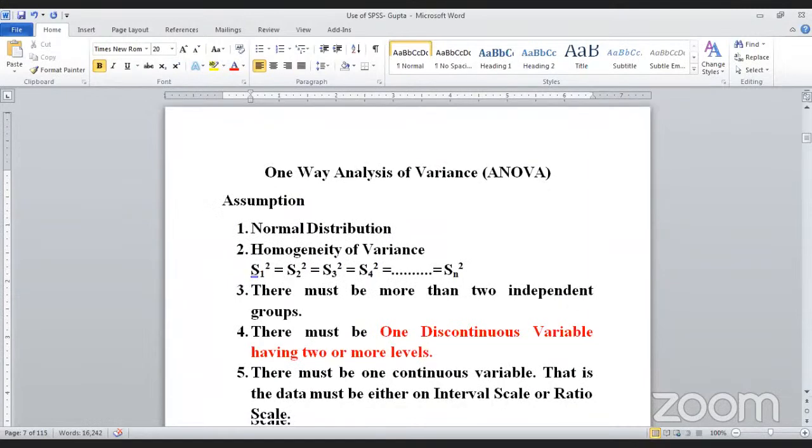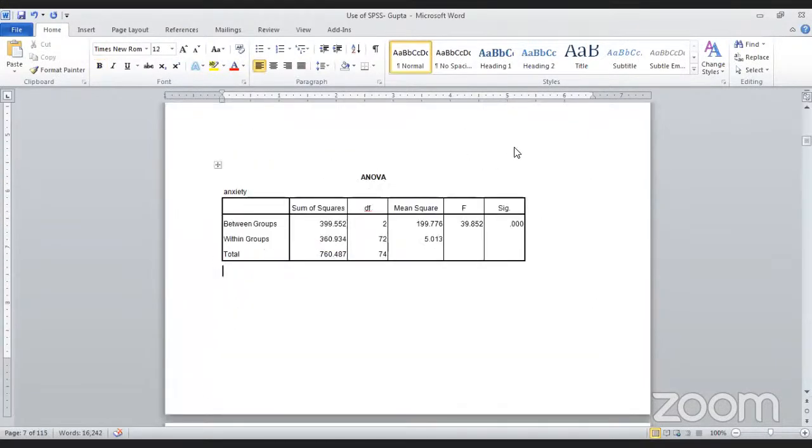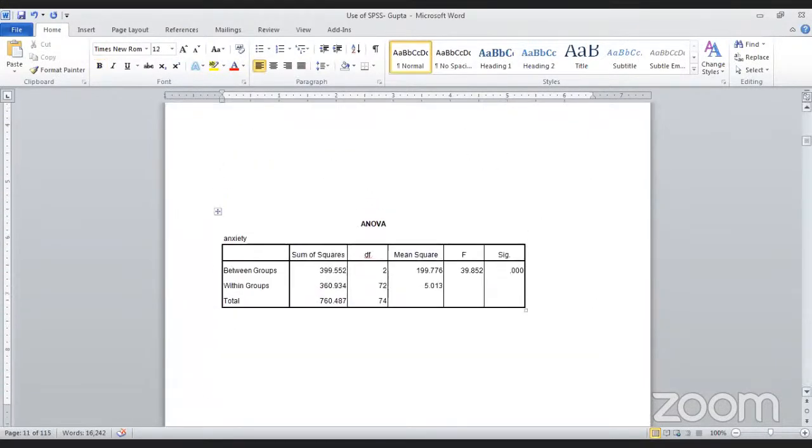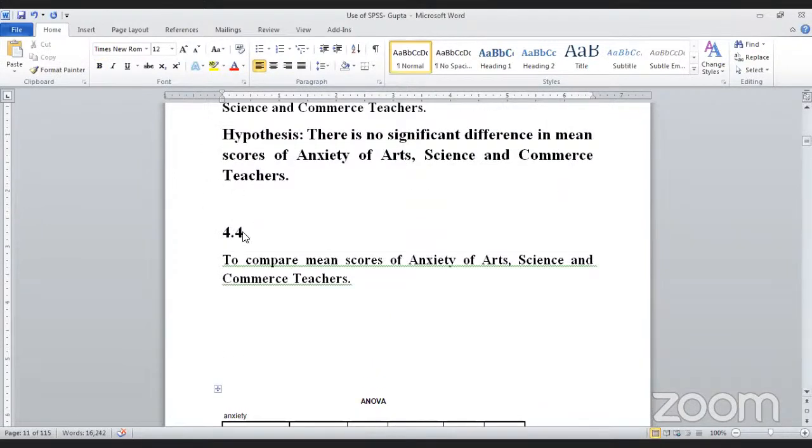So let me write 4.5.0 today. Now here, can you tell me what will be the heading of this particular caption?